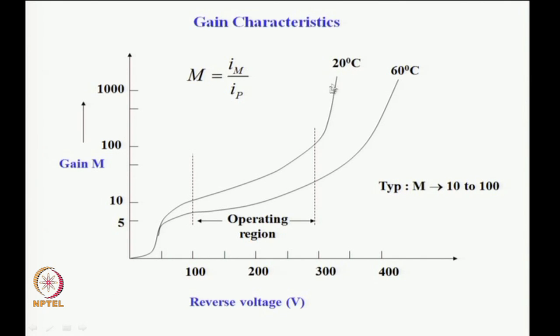So, this is not the operating region; the operating region is here between these two lines, typically between 100 and 300 volts for this example. Normally the operating voltage is specified like 220 or 250 volts DC. So, this characteristic shows the current gain for an APD.